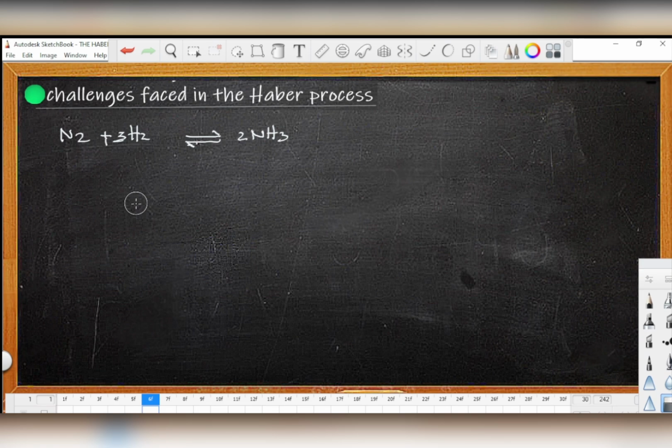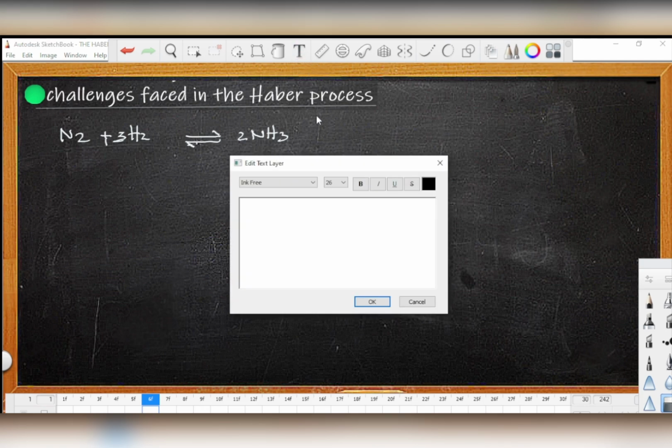So the first challenge in this industry where the Haber process is used to make ammonia is that when the ammonia is made to a particular amount, it begins to reconvert back to the reactants, and that's not a good thing because we want ammonia. How come the ammonia is now going back to forming nitrogen and hydrogen? It is because of the reversible nature of the reaction.